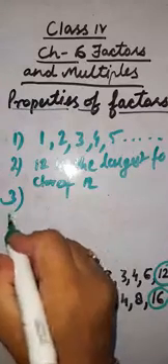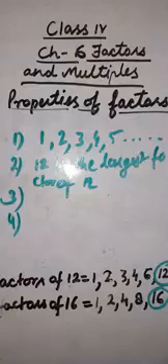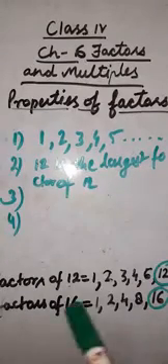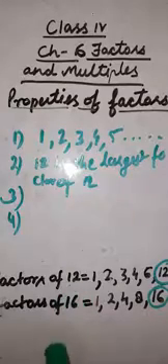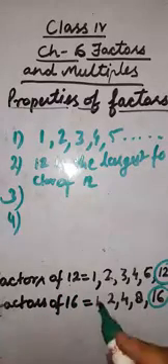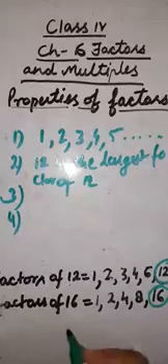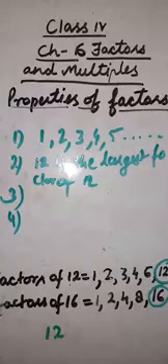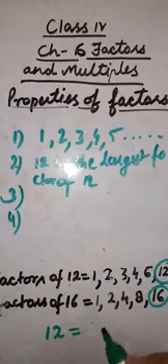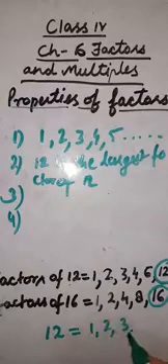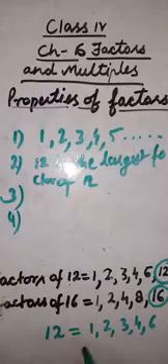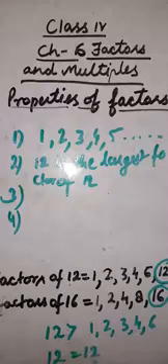Now look at property number 4. So children, in this property, just look at the factors of 12. We have here 1, 2, 3, 4, 6 and 12 itself, right. So just compare it. 1, 2, 3, 4 and 6 are smaller than 12, and 12 is equal to 12.